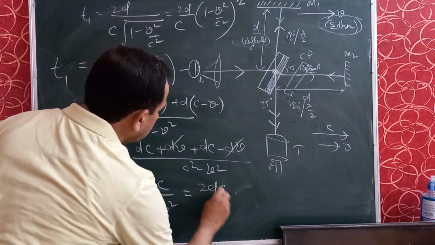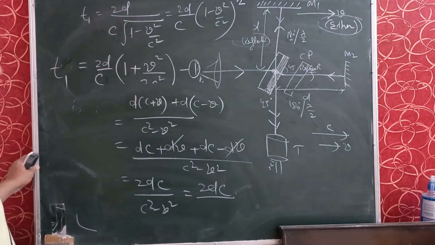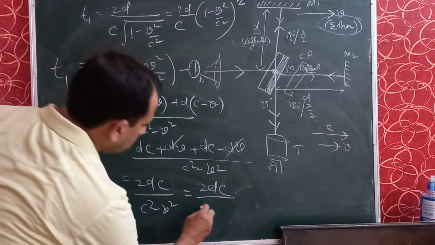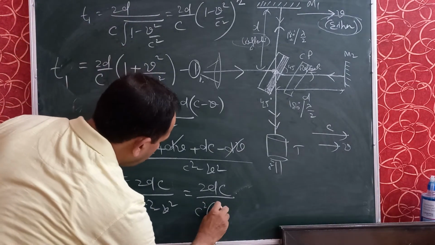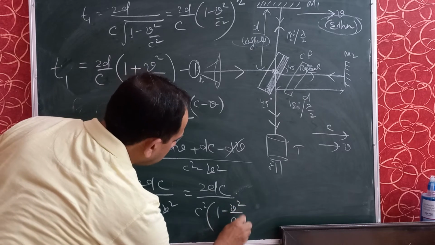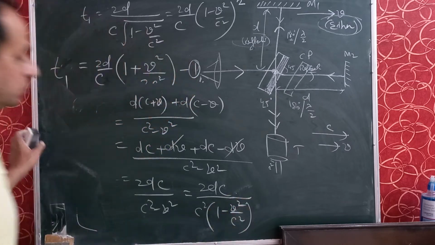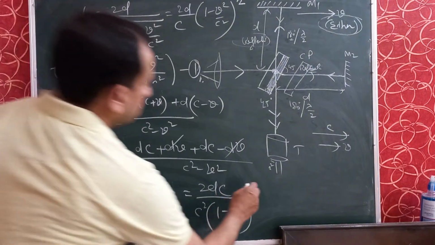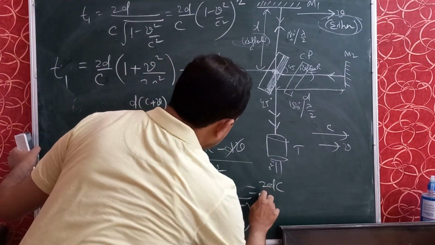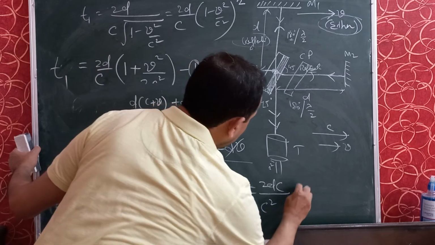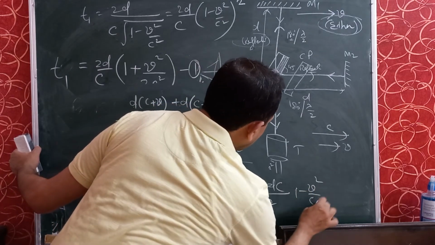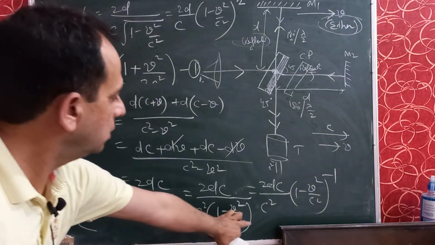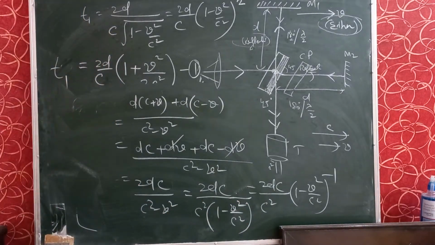Again we will apply the binomial theorem. We will make the coefficient first 1. So c square is common, and 1 minus v square upon c square. So I have taken c square as common, and the rest is 2dc over c square into 1 minus v square upon c square raised to power minus 1, because it is only a single power, it will become minus 1.